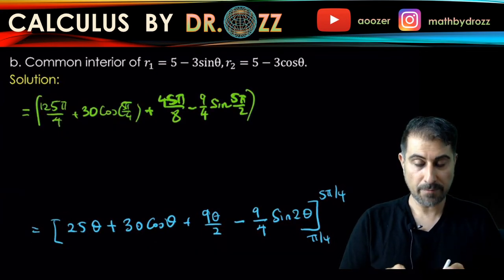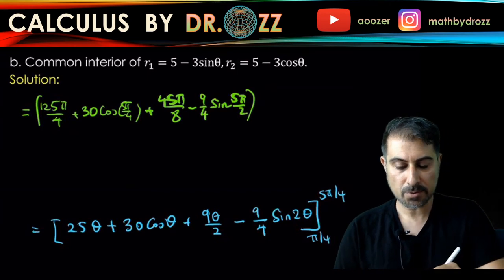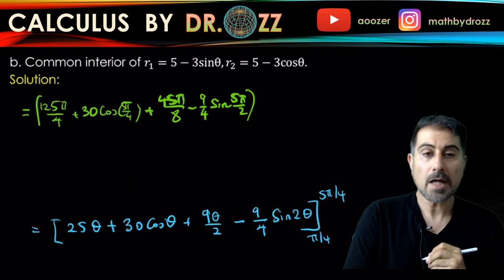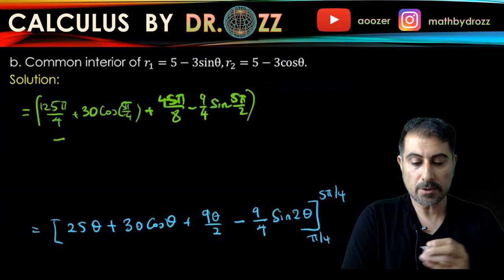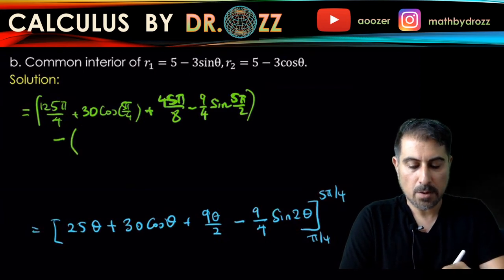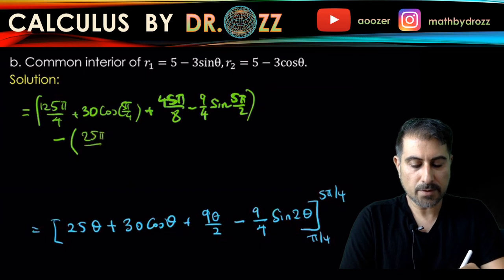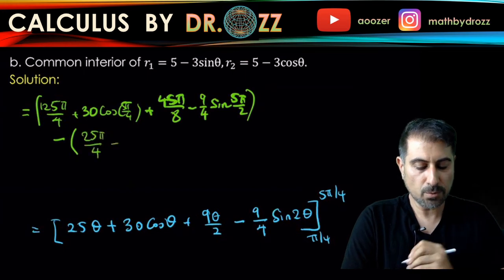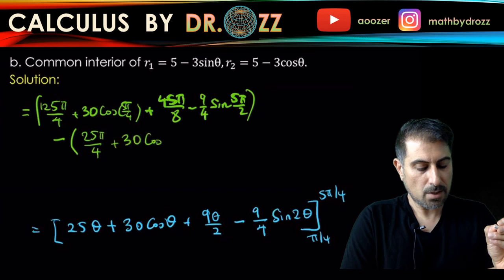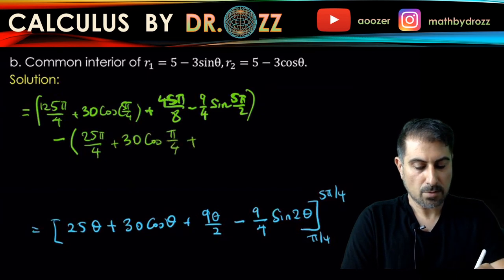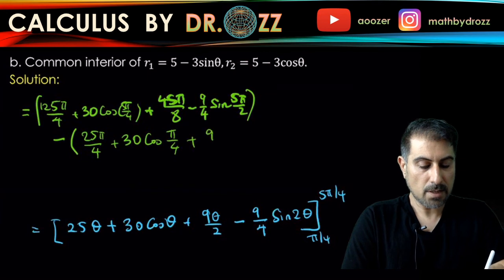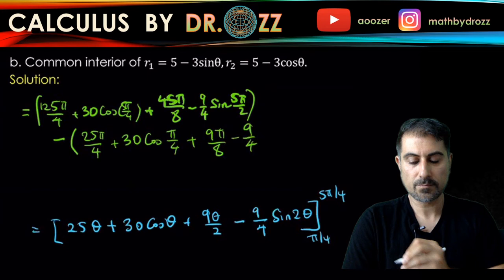All right, so I moved everything in the bottom to the top, and I'm going to subtract pi over 4 plugged in right here. So 25 pi over 4 plus 30 cosine pi over 4 plus 9 pi over 8 minus 9 over 4 sine pi over 2.